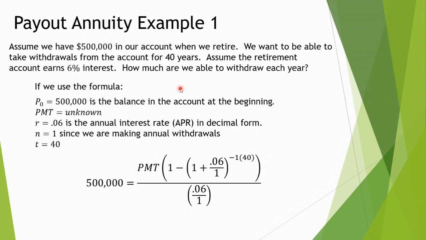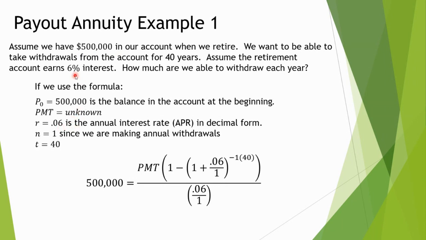It's each year. So P0 is our starting balance, right? That's $500,000. PMT is our withdrawal amount, so that's unknown. r here is 0.06.